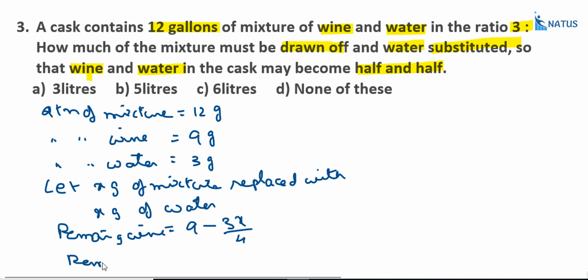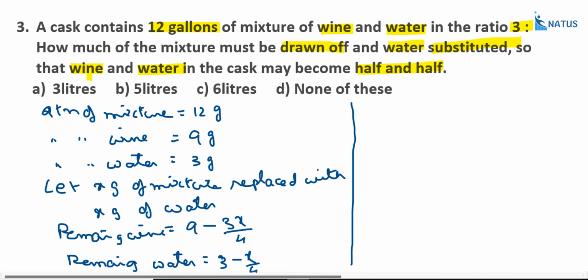And what is the remaining water? Remaining water is equal to 3 minus x by 4. Why? Because here only 3 liters of the water is there, and of that part, this is equal to x by 4, right? Next, then what happened? Now you will add X liters of water to this mixture.